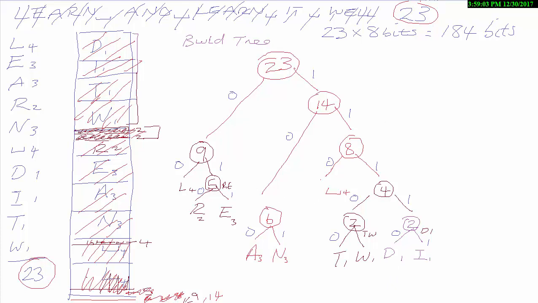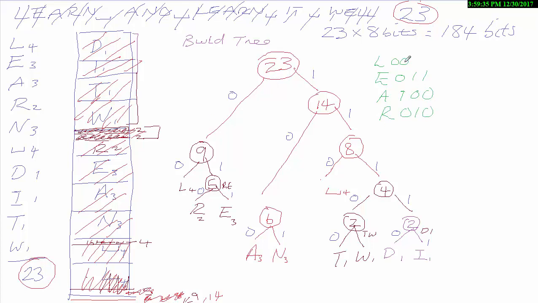So let's look at what we have now. An L is 0, 0, an E is 0, 1, 1, an A is 1, 0, 0, and R is 0, 1, 0.